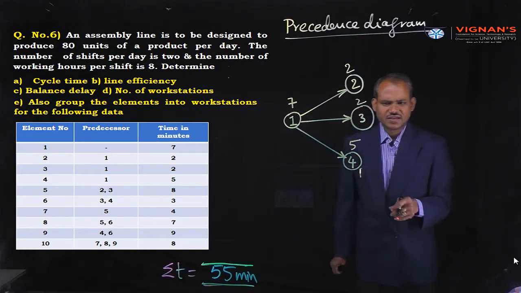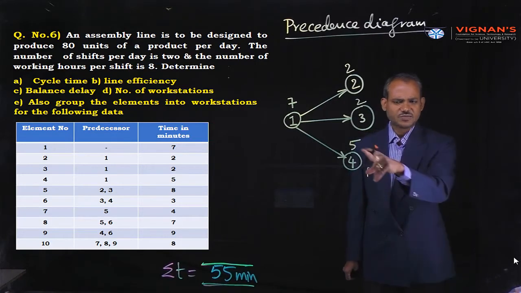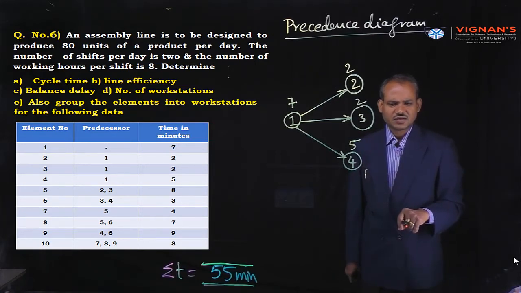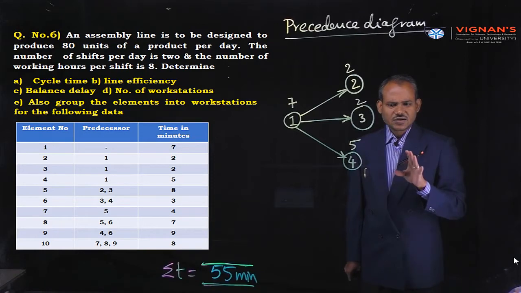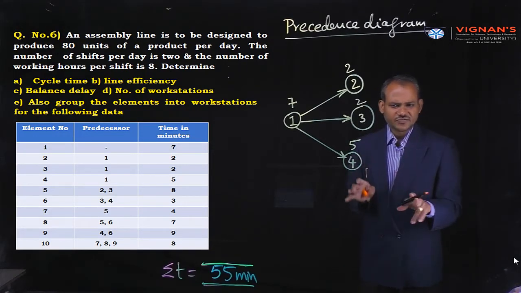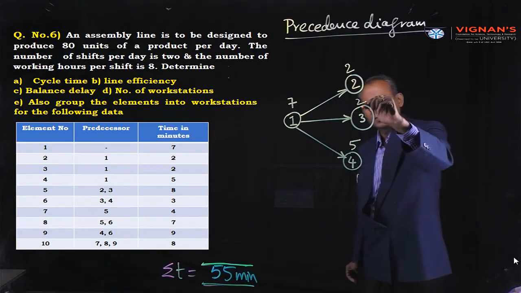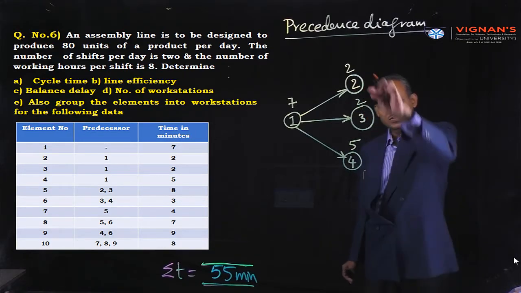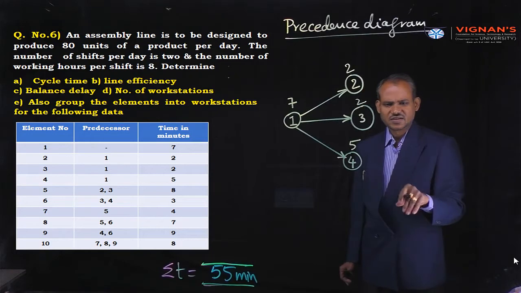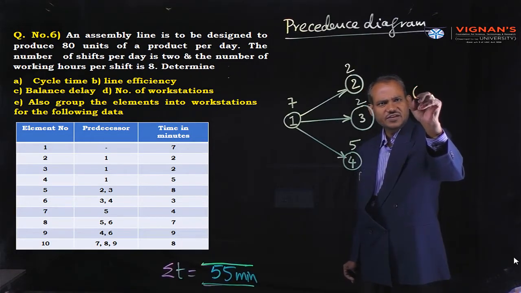Next, move to the work element number 5. From this table it is observed that work element number 5 we can start after completion of elements 2, 3. Where is 2? This is 2. Where is 3? This is 3. So after completion of these two, we can start element number 5. This is a new element known as 5. So draw one circle.